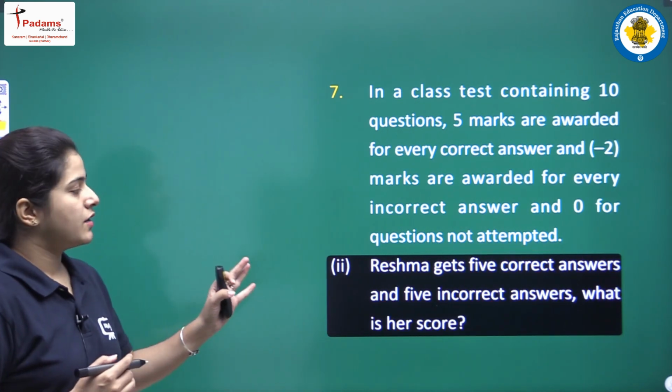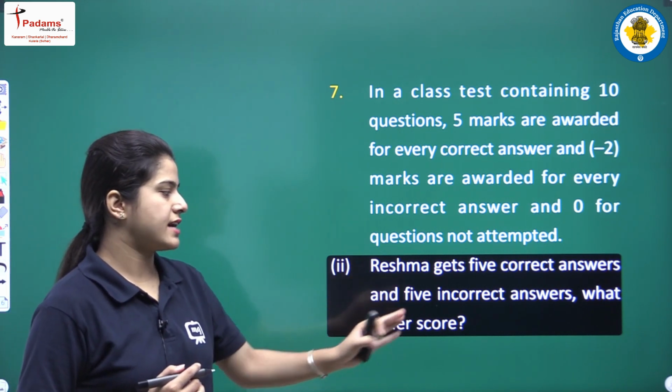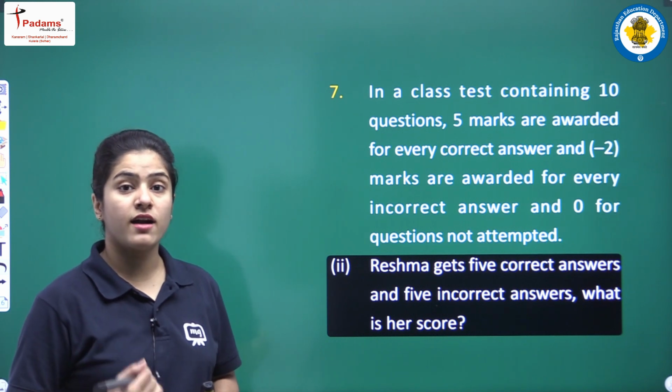Next part is Reshma gets 5 correct answers and 5 incorrect answers. What is her score?